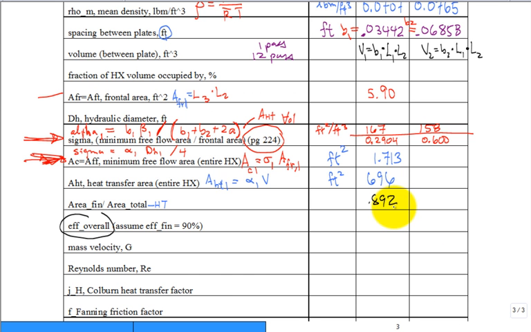All right. So what is the equation for the overall surface efficiency? 1 minus the fin area to the total area times 1 minus the efficiency of that individual fin.